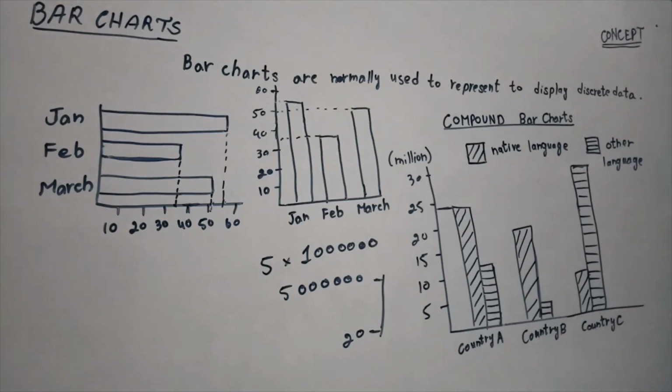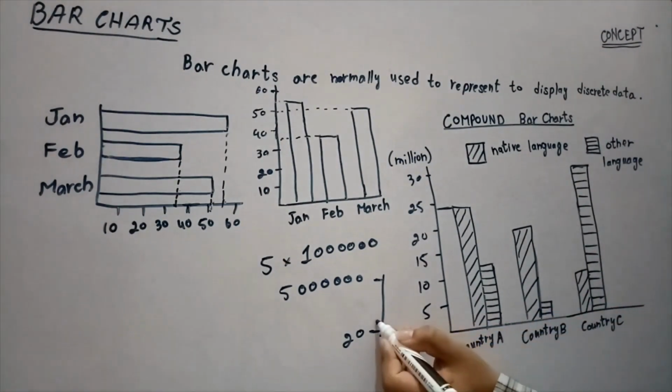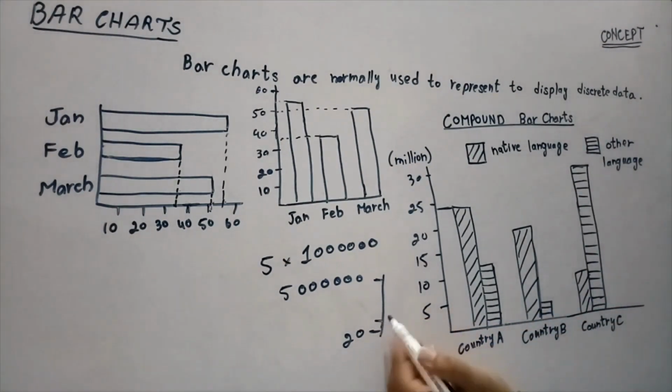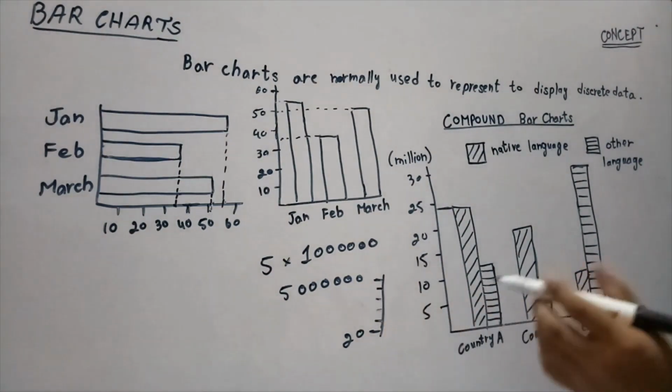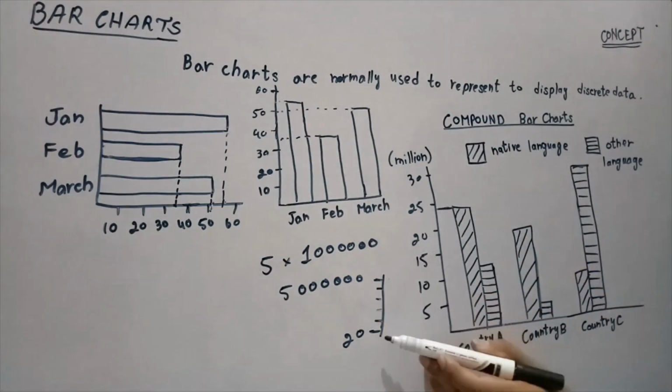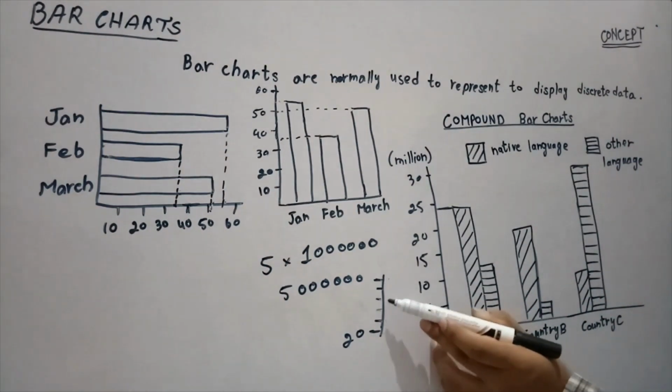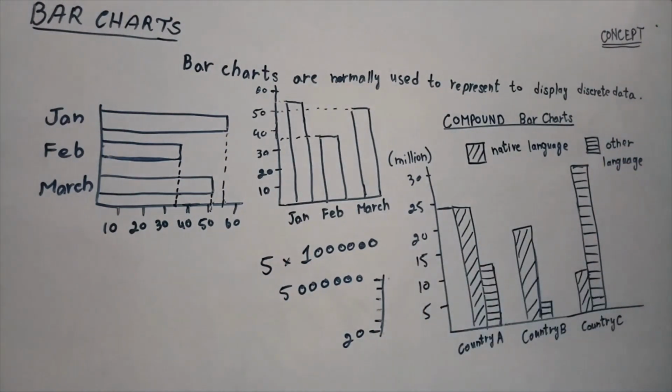So there is a gap of 5. It means that here will be 21, here 22, here 23, here 24, and finally here 25. You can see 20, 21, 22, 23, 24, and 25. So it is approximately 24, just like this one.